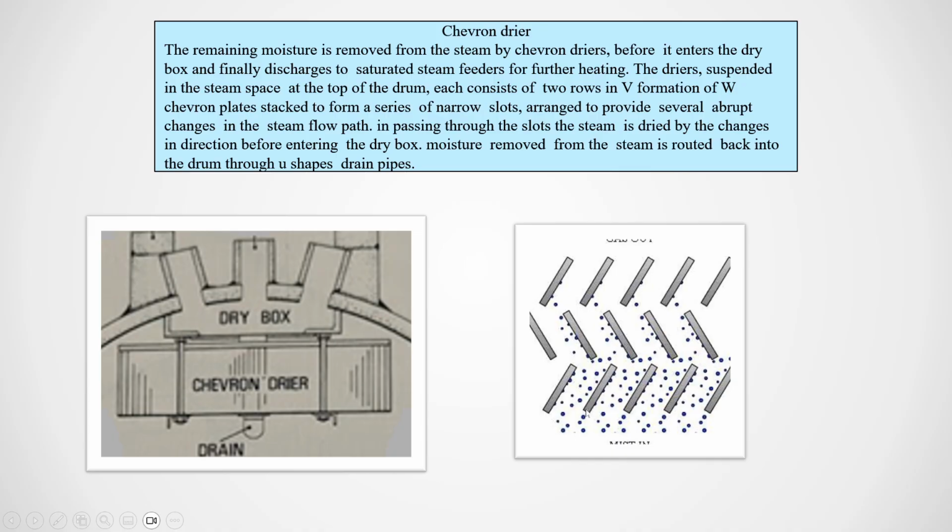When the direction changes, the water is drained and the steam goes through the chevron separator inside the dry box. Here demister pads are also used, so traces of water are drained, and finally the steam goes to the steam side.